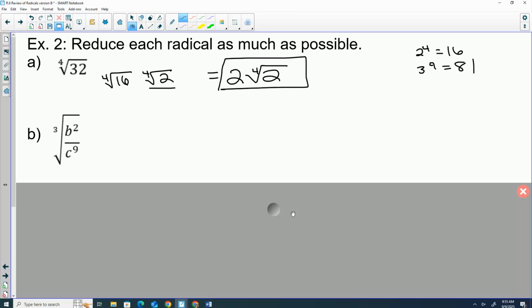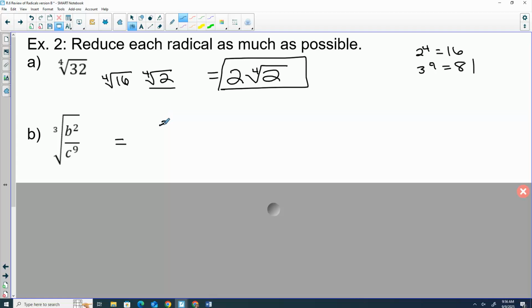If I said the cube root of b squared over c to the 9th. A cube root is asking me how many groups of 3 I can form. We can think of this as the numerator and denominator separately. On the top, if I have 2 b's, is that enough to form a group of 3?